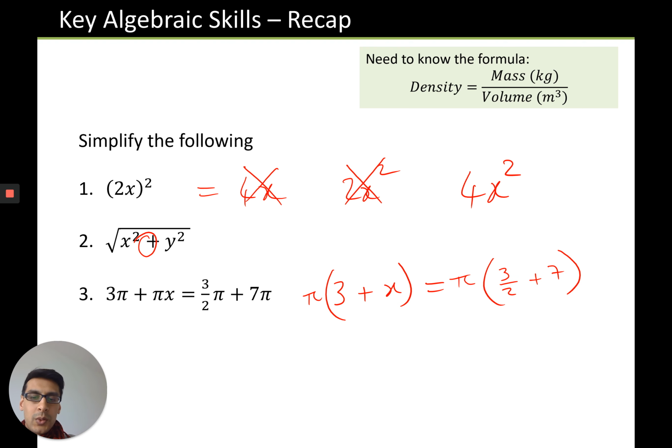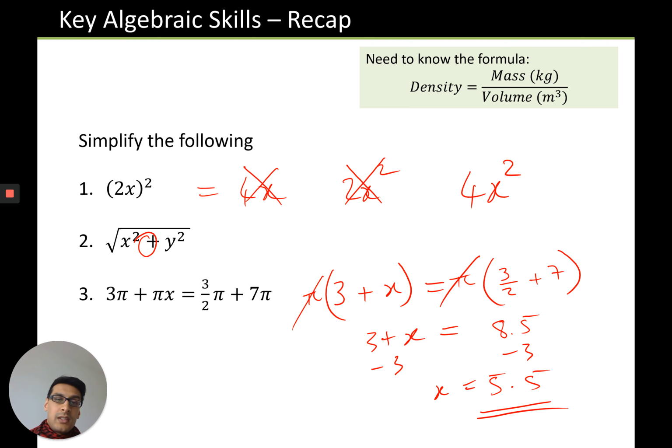And then you can cancel the pi's out. Simplify this further. So 7 plus 1.5 is going to be 8.5. And then you just take away 3 from both sides. Okay, so that's basic skills.